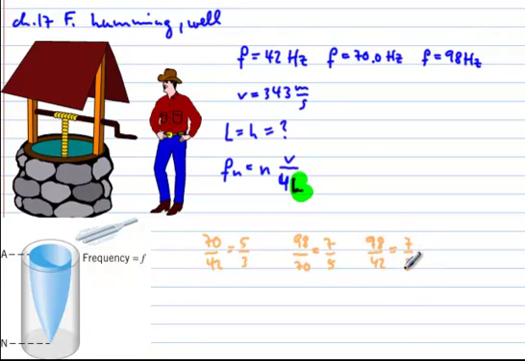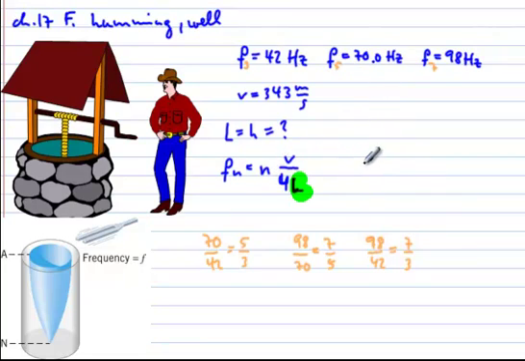We can see the 3 is associated with the 42, the 5 with the 70, and the 98 is associated with the 7. That tells us that this one is the 3rd harmonic, this one is the 5th harmonic, and this one is the 7th harmonic. Technically we only need one ratio, but they gave us the 3rd number, so we can check that this is indeed the case.